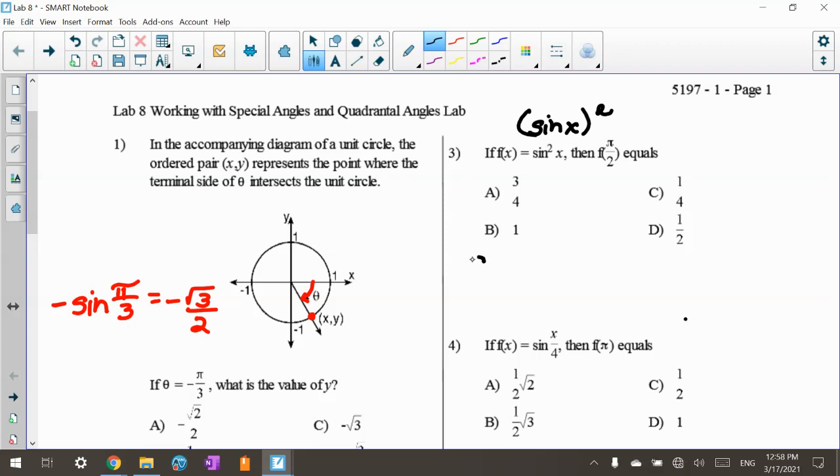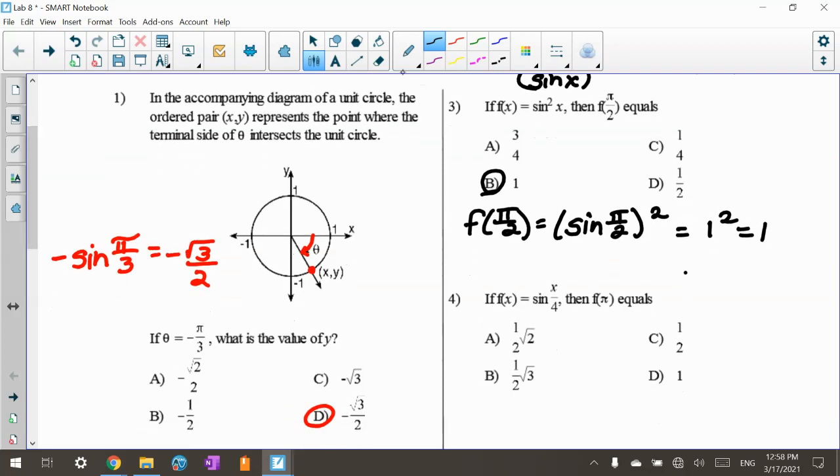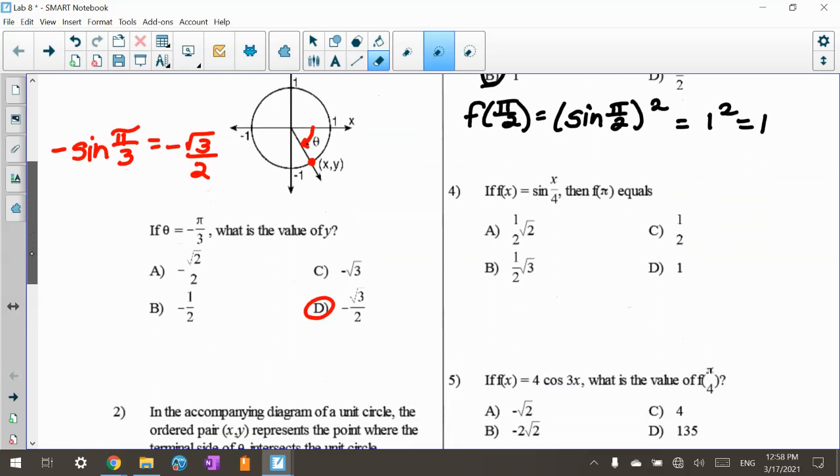I'm going to write it like this: f of pi over 2, which is 90 degrees, is the sine of pi over 2 squared. I know the sine of pi over 2 is 1, and 1 squared is 1. So that's going to be choice B. A lot of the times when people ask me for help on this, they just don't understand how the squares work. So now that you know, we can go do some of these.